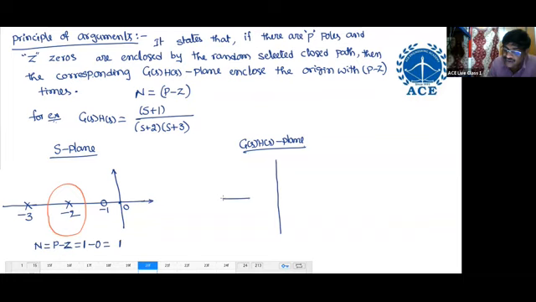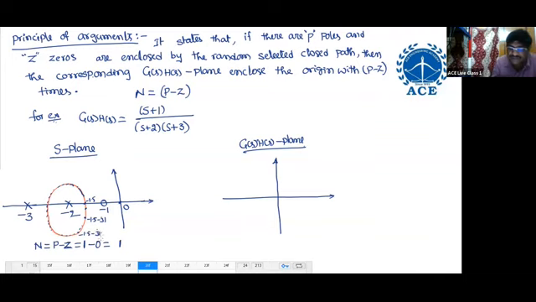How to draw the G of S, H of S plane? The randomly selected closed path is nothing but a combination of many points like this. At each and every point, you have to calculate the GH value. For example, this is minus 1.5 minus J1.2.